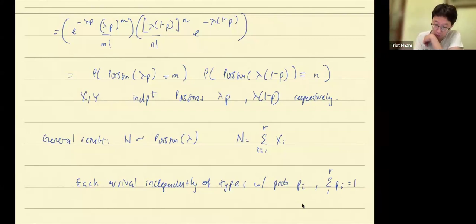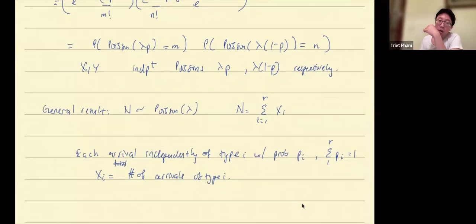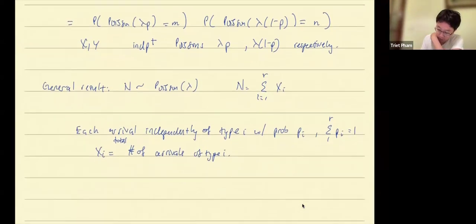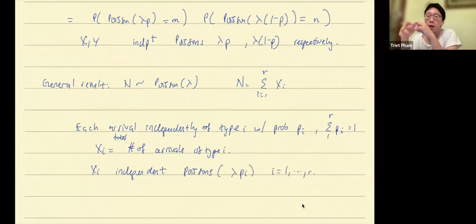Then the result will be that, with X sub i being the total number of arrivals of type i, the X sub i will be mutually independent Poissons with rate lambda times p sub i. The proof is exactly as above.